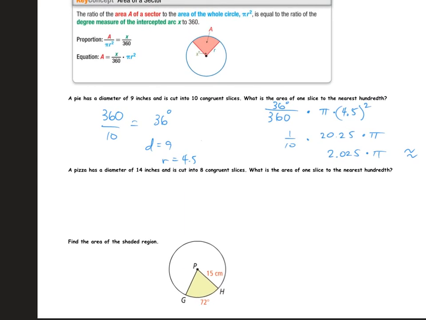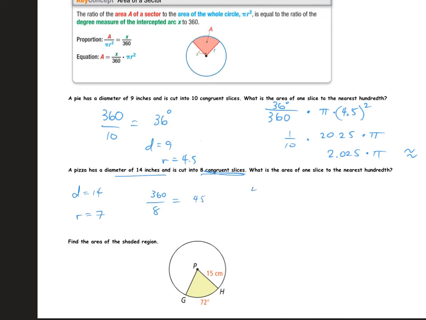All right, example number 2 says a pizza has a diameter of 14 inches. So again, if the diameter is 14, that means my radius is going to be 7. And I'm going to cut it into 8 congruent slices. So we're going to take 360 degrees, divide that by 8 to find my central angle. So 360 divided by 8 gives me a 45 degree angle.